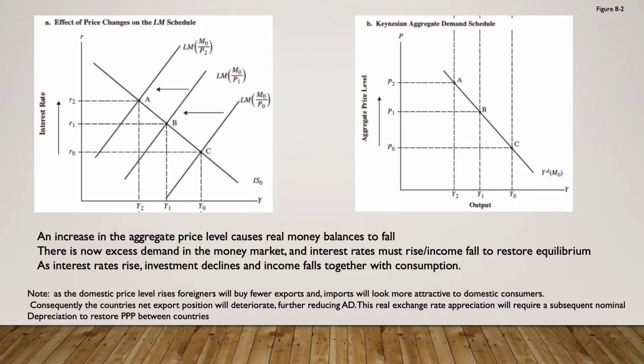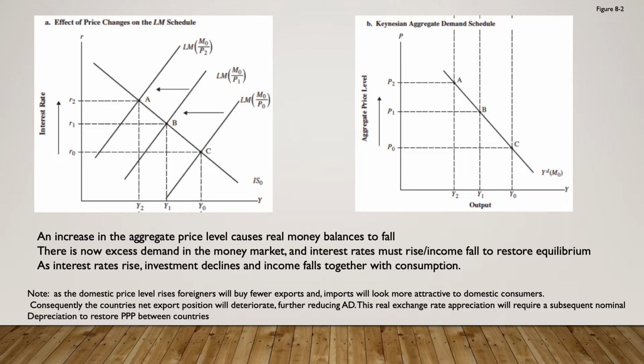And so as the aggregate price level changes, it causes increases and decreases in aggregate demand. Particularly as the price level increases, there is a reduction in aggregate demand. And as the price level falls, there's an increase in aggregate demand. So we want to explain how we derive this downward sloping aggregate demand curve from our ISLM model.